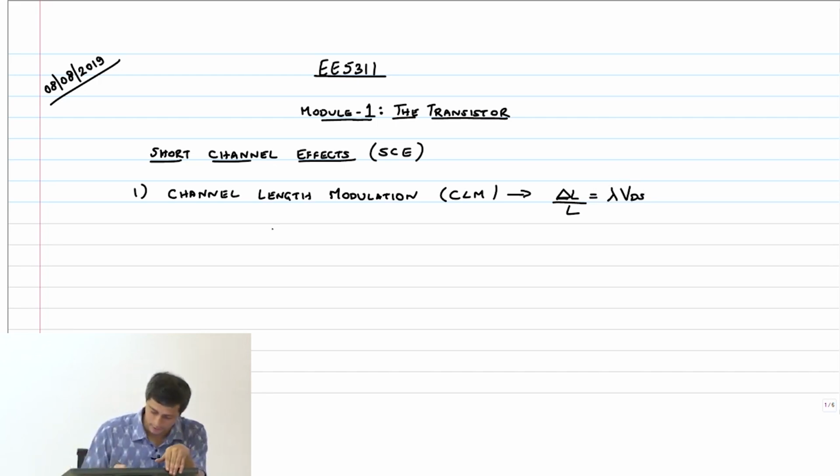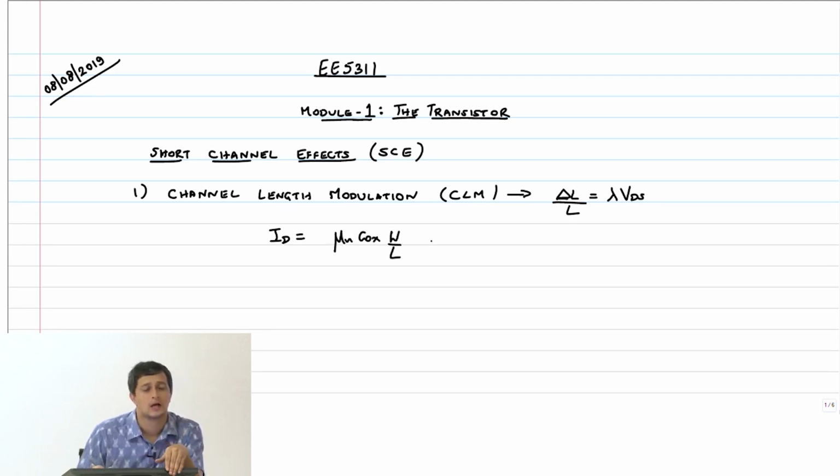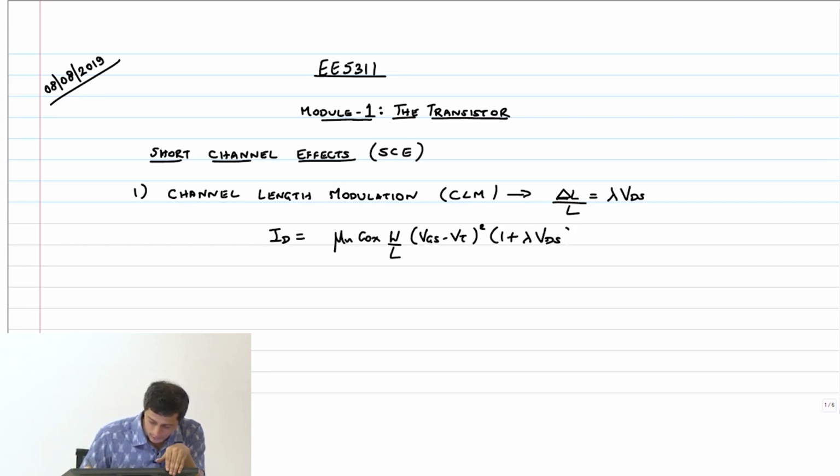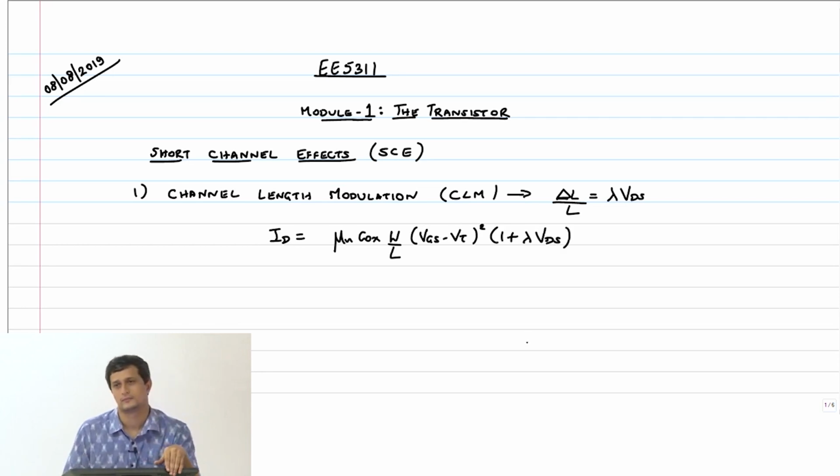Therefore the drain current equation gets modified, in saturation, as mu n C ox W by L into (VGS minus VT) whole squared into (1 plus lambda VDS). This is what we said, and primarily it's in saturation that you will see these effects, because VDS has to be large.